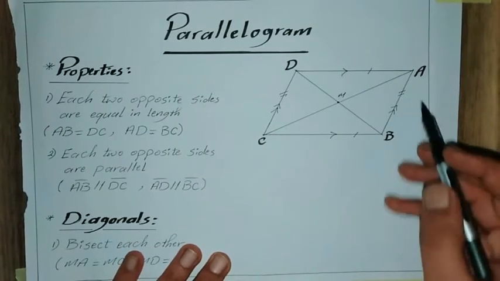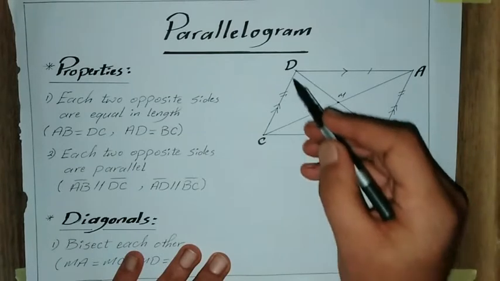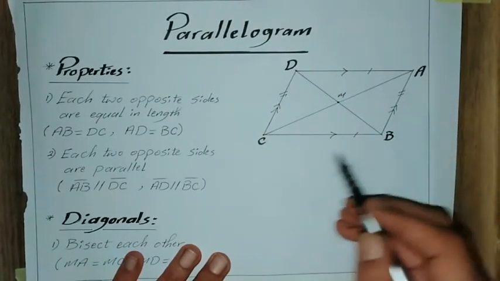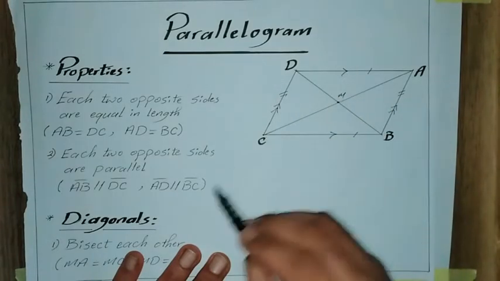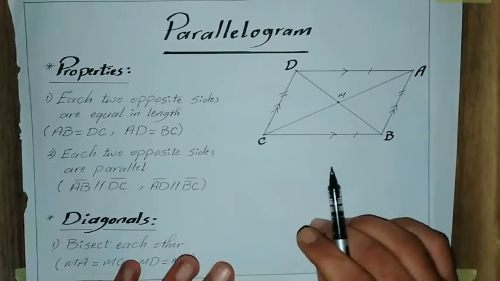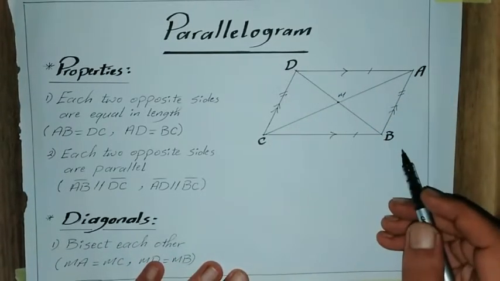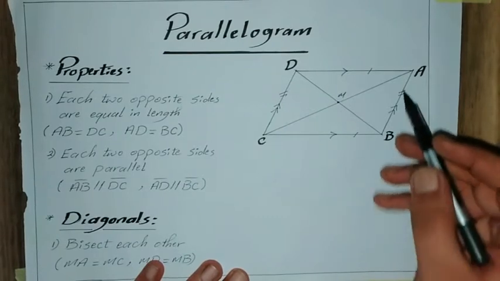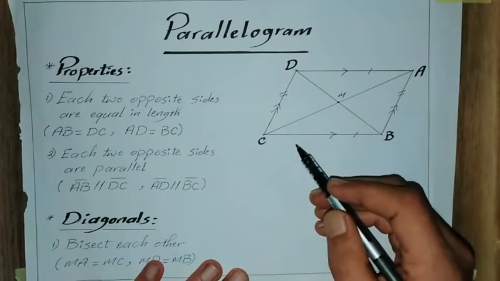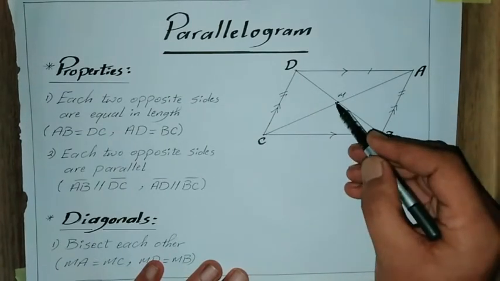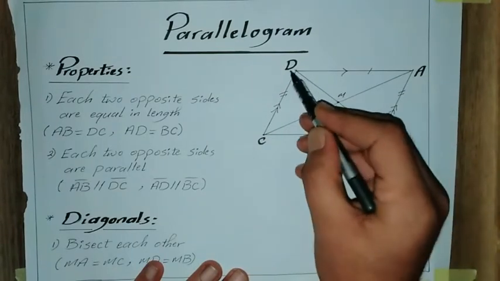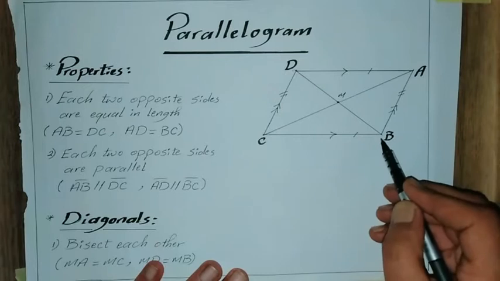And also, each two opposite sides are parallel. AB is parallel to DC, and AD is parallel to BC. The diagonals bisect each other. Bisect means MA is equal to MC, and MD is equal to MB.